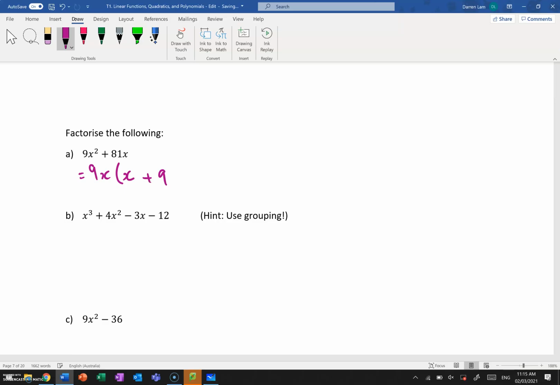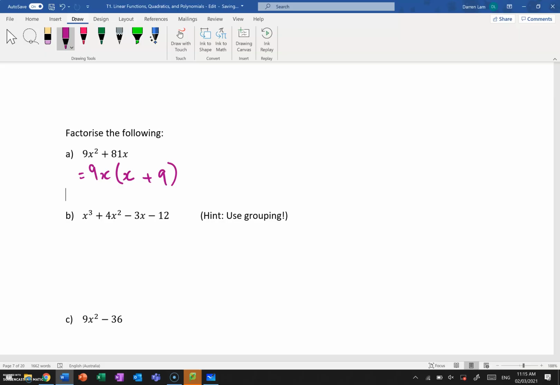The x cancels each other out, so I just end up with x plus 9 there. Bam, that's already factorized. 9x times x plus 9. If I was to expand that, you guys don't have to do this obviously, but if I was going to expand it, I'd say 9x times x gives me 9x squared, and then I've got 9x times 9, which gives me 81x. So the same idea, but we're going backwards.